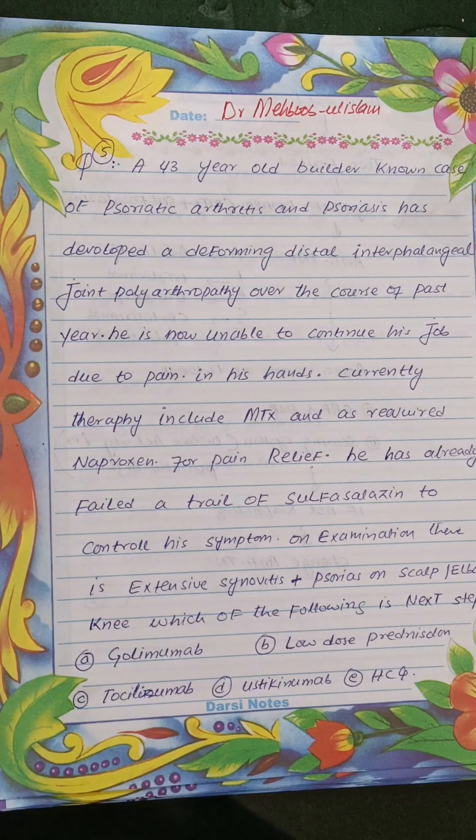So this patient has psoriasis and psoriatic arthritis, and is unable to continue his job due to pain in his hand. This patient is currently taking methotrexate and naproxen when there is pain, but has also failed to respond to sulfasalazine.